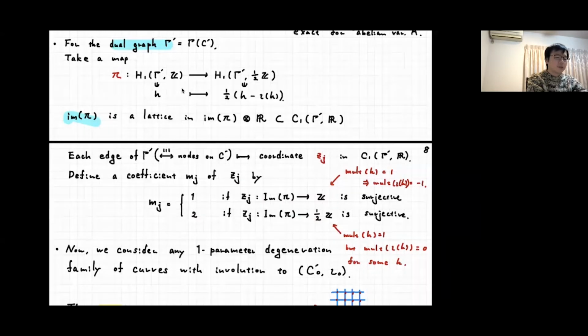Okay, and these cases can be translated to the situation that the first case is that the multiplicity of this cycle H is 1, which implies that the image also has a multiplicity -1. On the other hand, the latter is given by considering the case that the multiplicity of H equals 1, but the multiplicity of the tau H equals 0 for some H. In other cases, we obtain Zj equals 0.